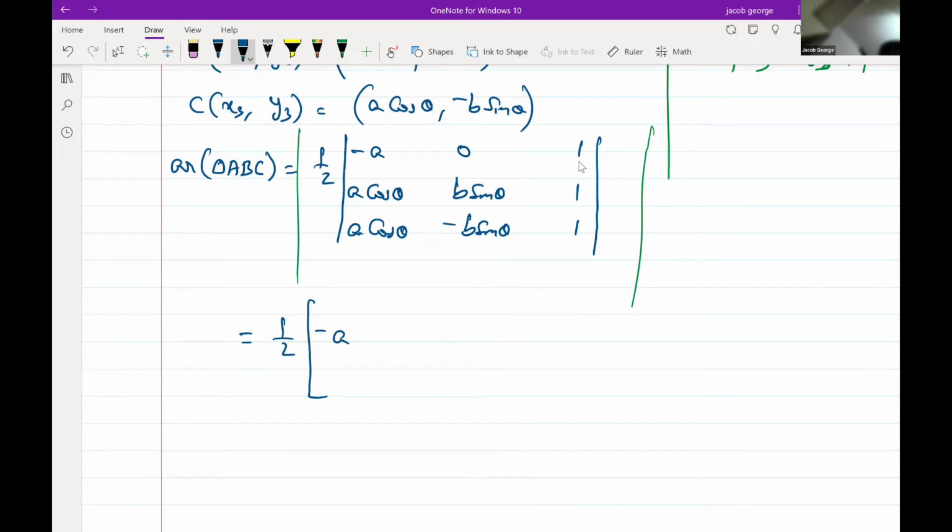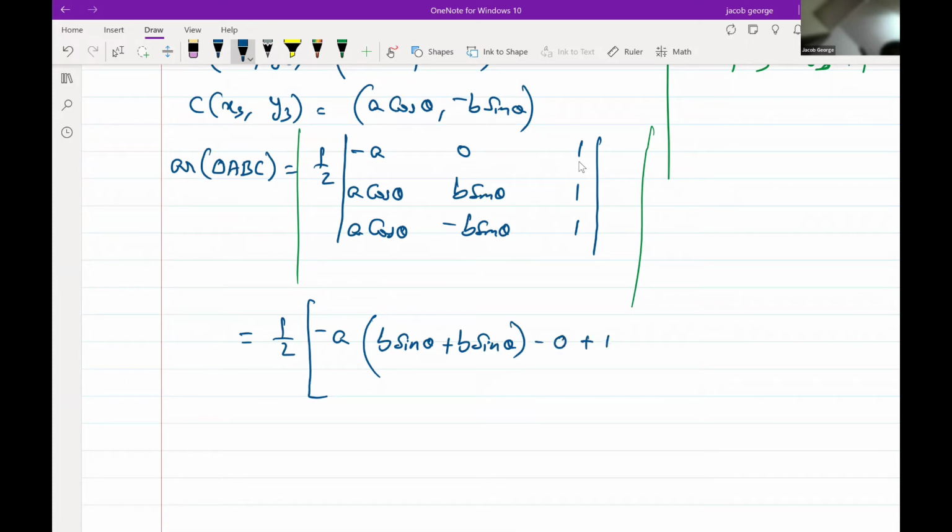Minus a into, remove its row and column, then we get a times b sin theta minus minus b sin theta, that is plus b sin theta. Next term is 0.